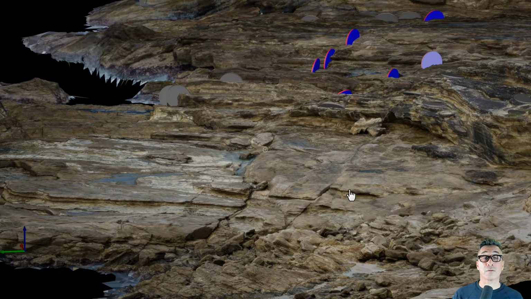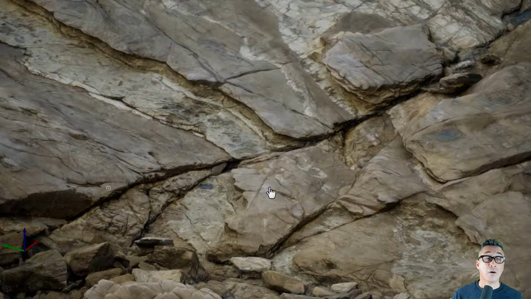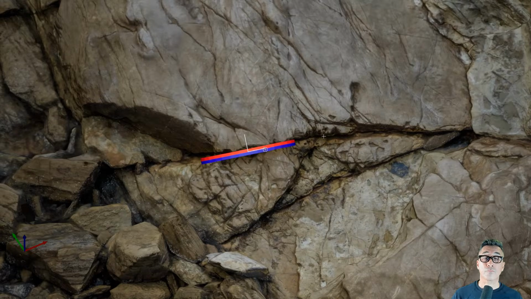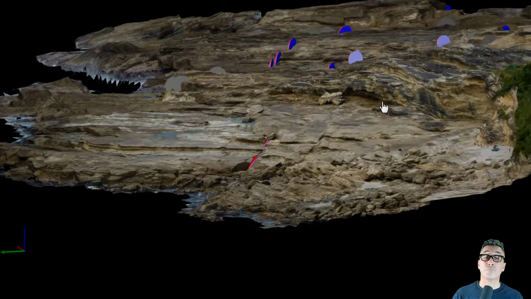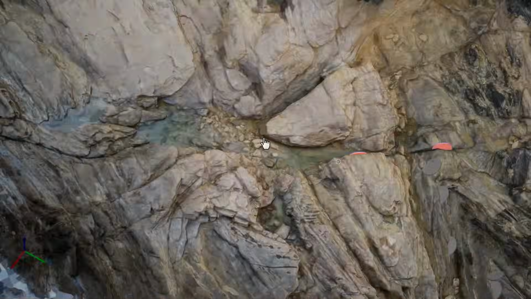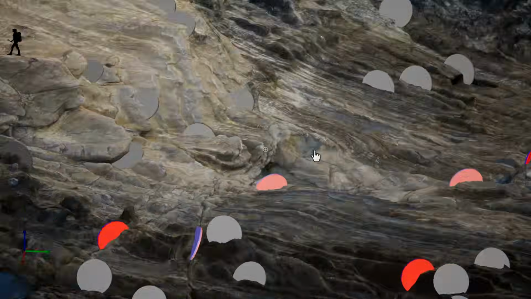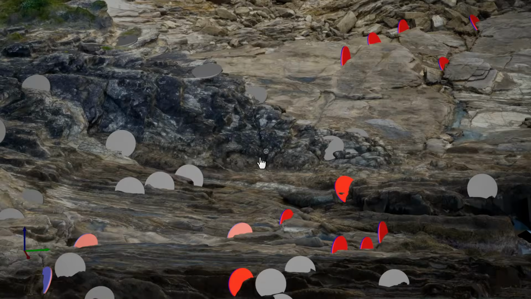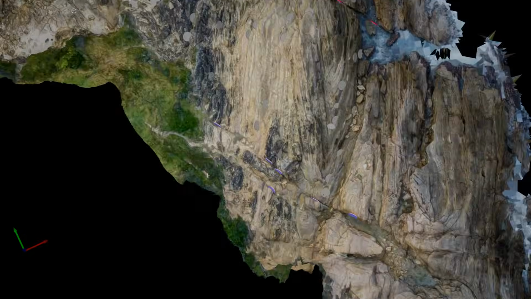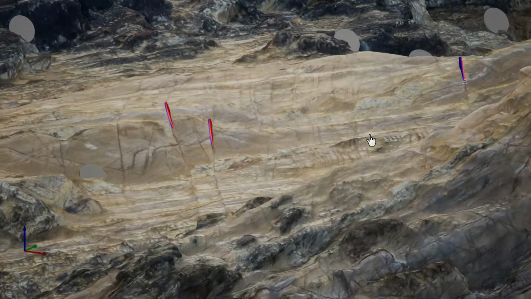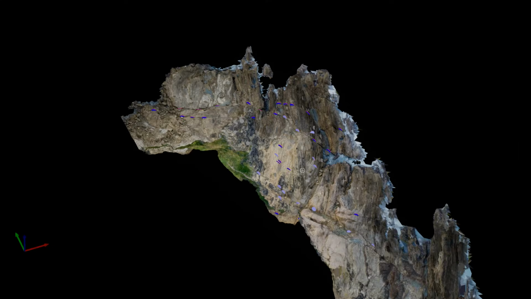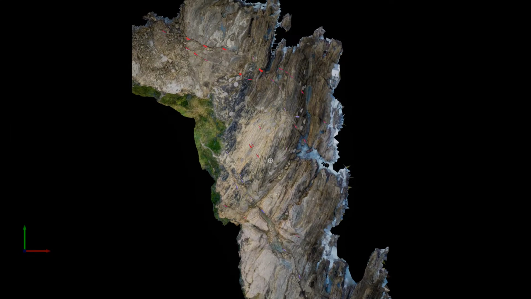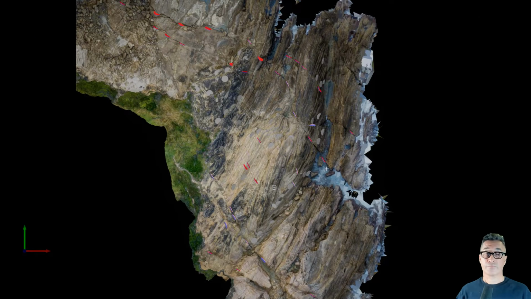See how these are quite, not all of them are steep. Interesting. I guess that should do.